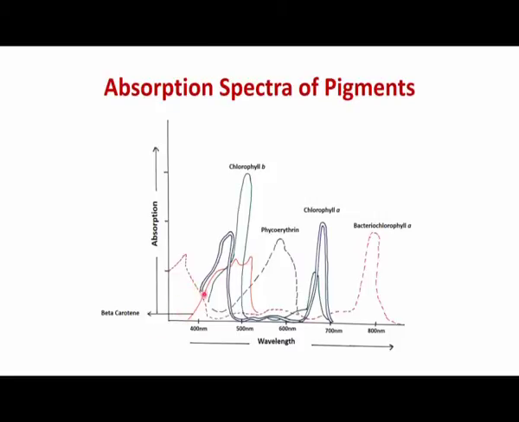Beta carotene, the orange spectra, absorbs maximally in the blue region, whereas phycoerythrin is absorbing in the range of 500 to 600, with the peak at around 550.